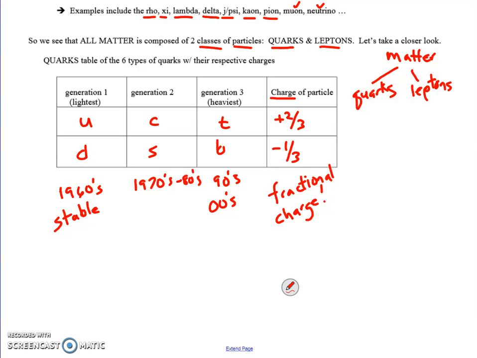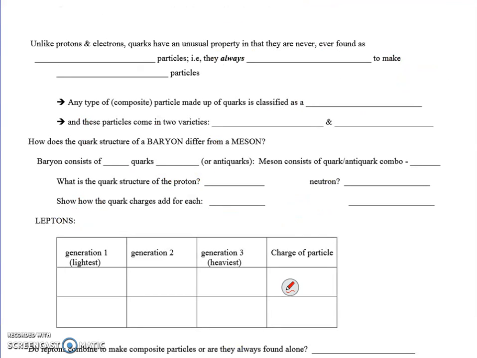All right, so let's continue on. So let's look at other facts about quarks, things that you want to know about them. Unlike protons and electrons, quarks have a very unusual property, and they are never, ever found as solitary or individual particles. You will never see an isolated up quark by itself or a strange quark zipping through space or an atom. All right?